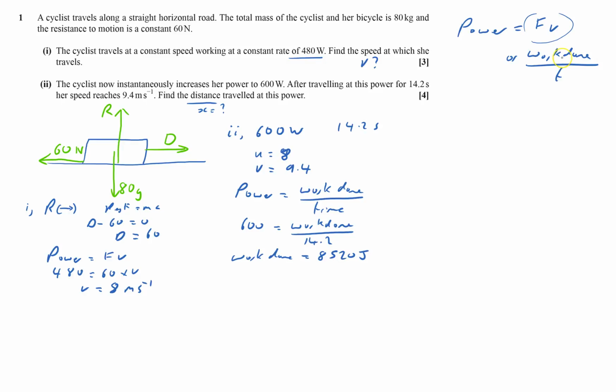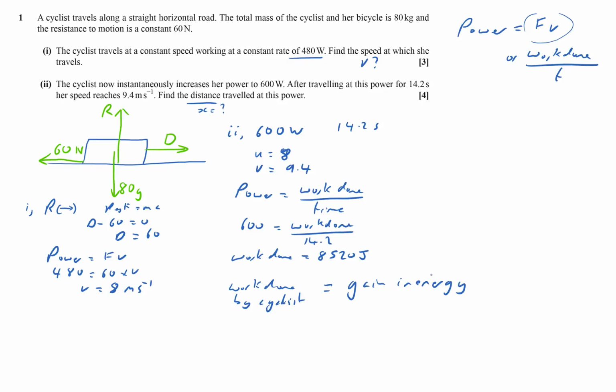I'm going to have to try and find an equation for that, and I know that work done by a cyclist is equal to the gain in energy, and that's what it would be if there's nothing coming out of it.